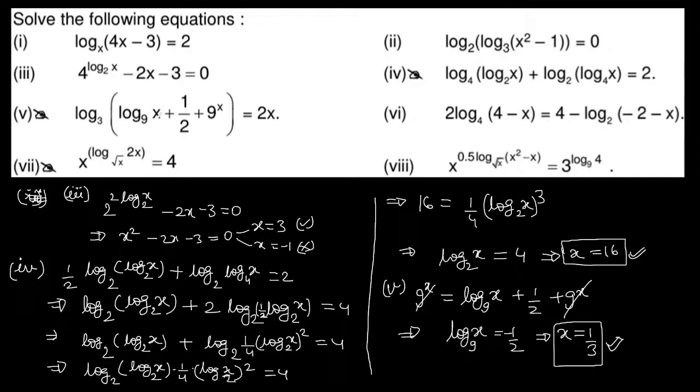We are putting here to check whether the argument is positive or not, and we are solving and checking everything. So first, by solving the equation, we are getting some value, and after that we are putting those values in the given log and trying to see whether it is validating or not. So it's validating. Okay, so now we'll go to question number 6.